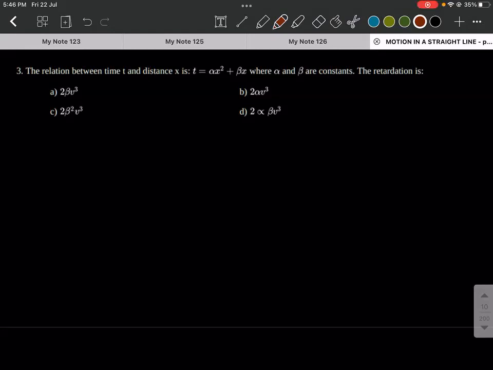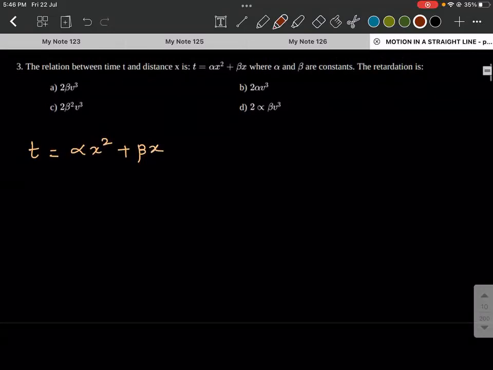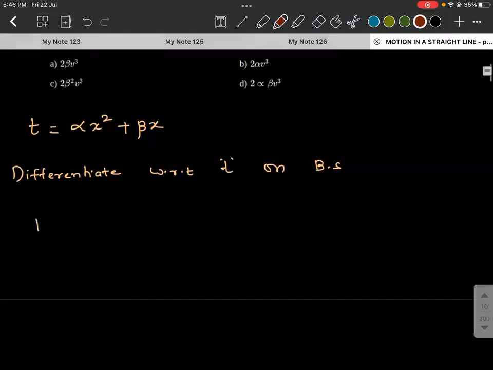So given t is equal to alpha x square plus beta x, right? Now, if I differentiate with respect to t on both sides, then I get derivative of t as 1 is equal to alpha into derivative of x square is 2x into dx divided by dt plus beta into dx divided by dt.